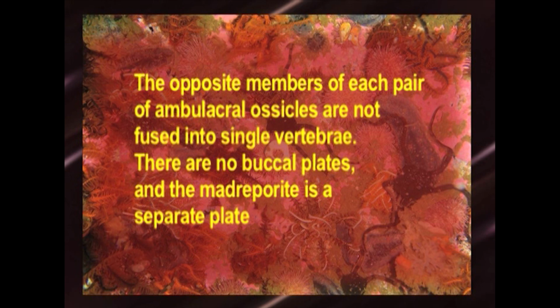There are no buccal plates and the madreporite is a separate plate. The vertebrae of some genera possess articulating knobs and prominences similar to those in the recent forms. The principal Paleozoic genera are Lapworthura, Eoxinosoma and Protaster.